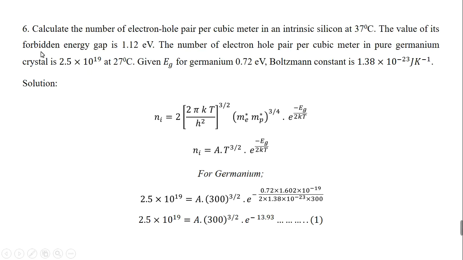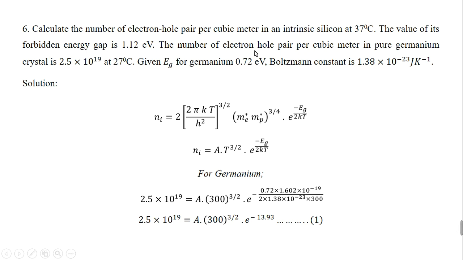Now let us calculate another problem, that is calculate the number of electron hole pairs per cubic meter in an intrinsic silicon at 37 degrees centigrade. The value of its forbidden energy gap is 1.12 electron volts.